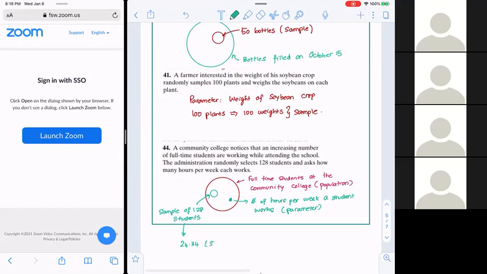That would be the statistic. Again, it's not specified. I'm just using it as an example. Hypothetically speaking, if the sample of 128 students gave us a value of 24.34 hours per week, then that would be the statistic, and that would answer the question, the number of hours per week a student works, which happens to be our parameter. So this should be full-time working students.